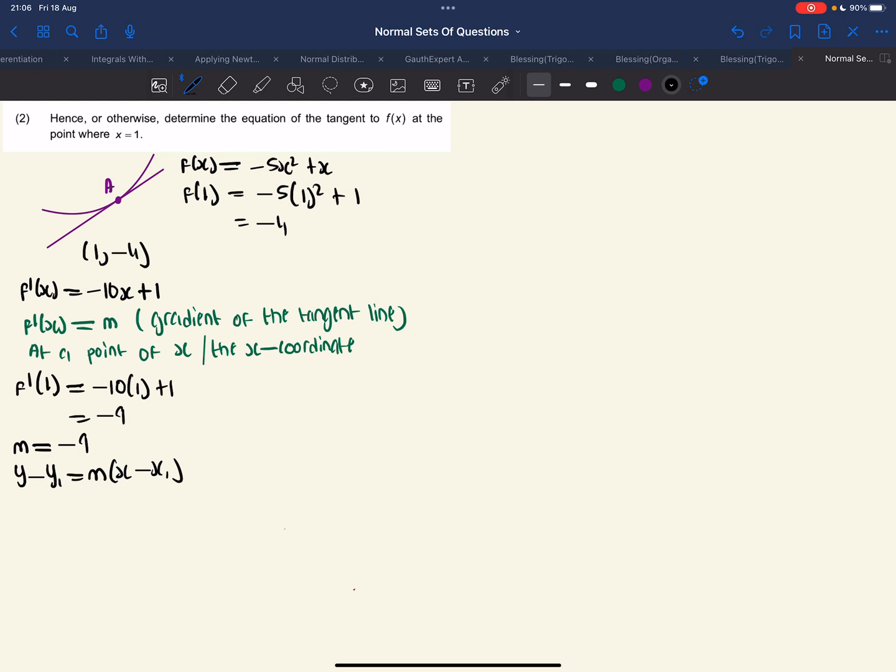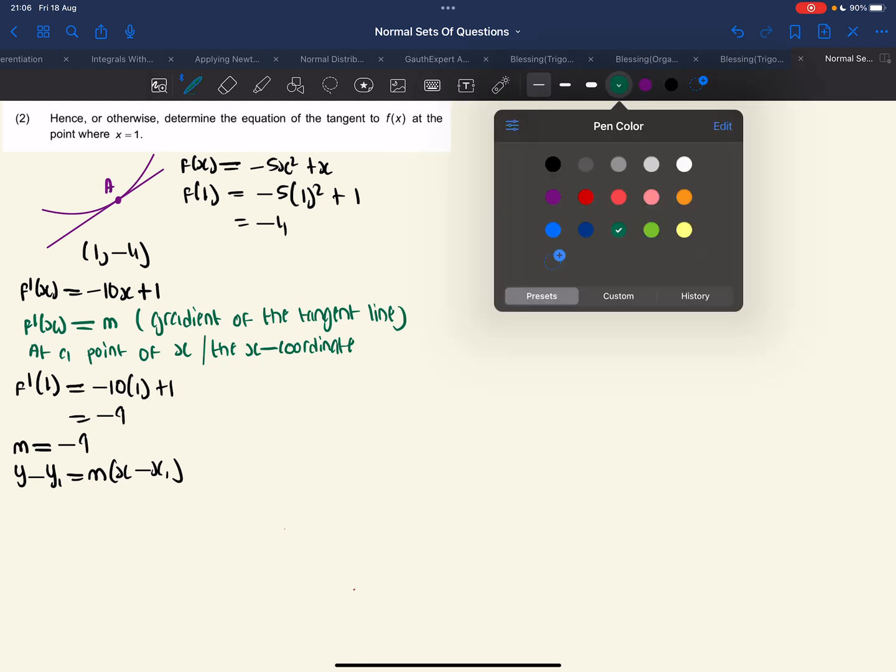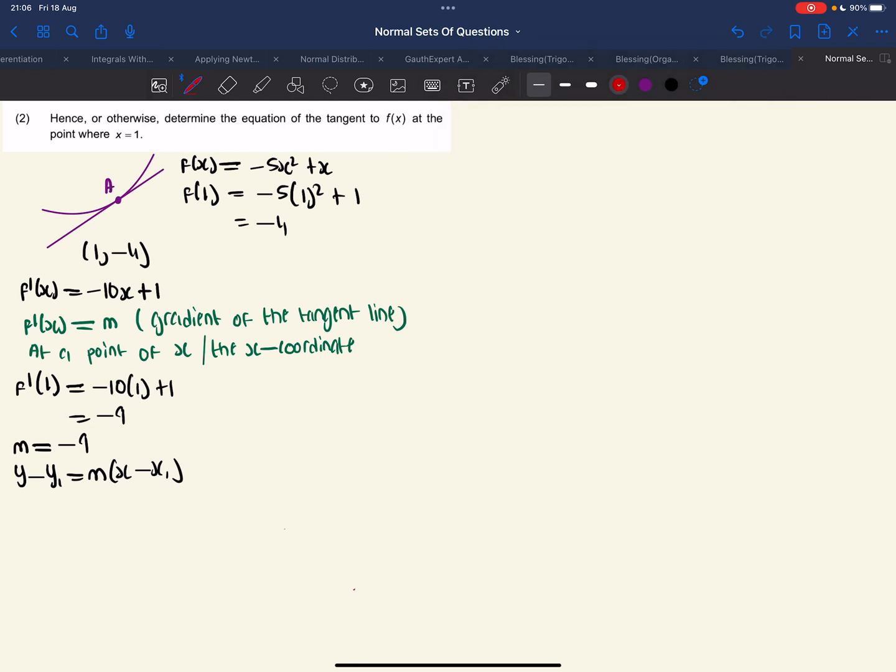There is another way you can do it: because you now have your gradient m, you can try solving for c, because remember the equation of a line is given as y equals mx plus c.